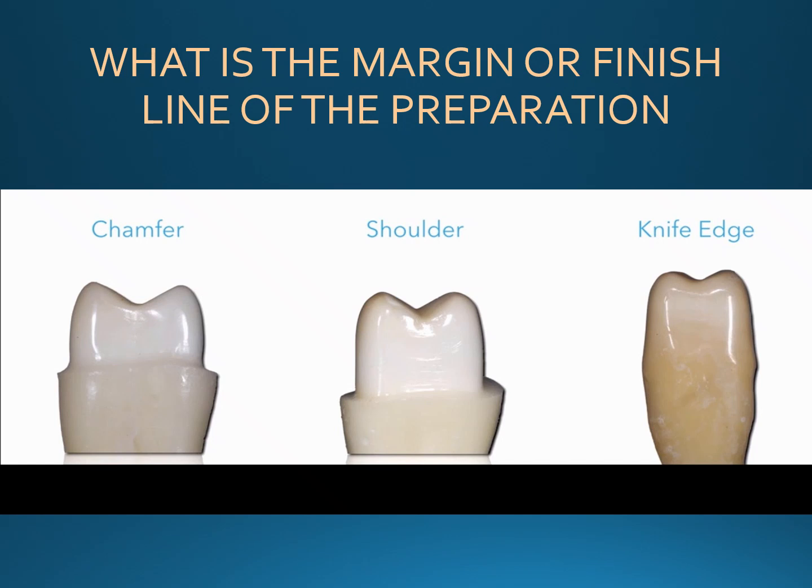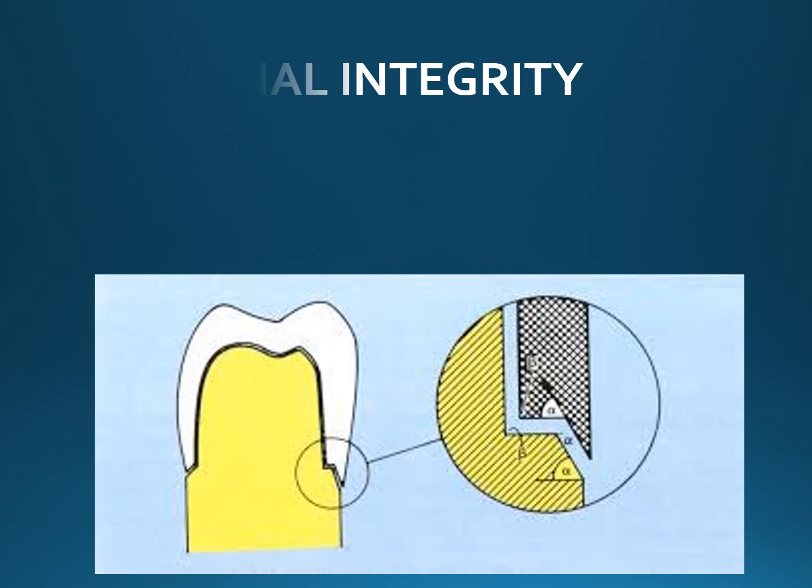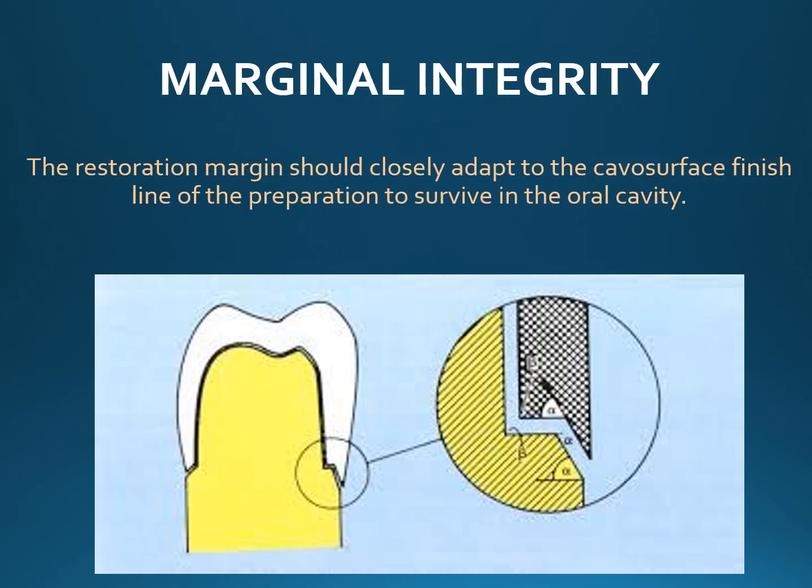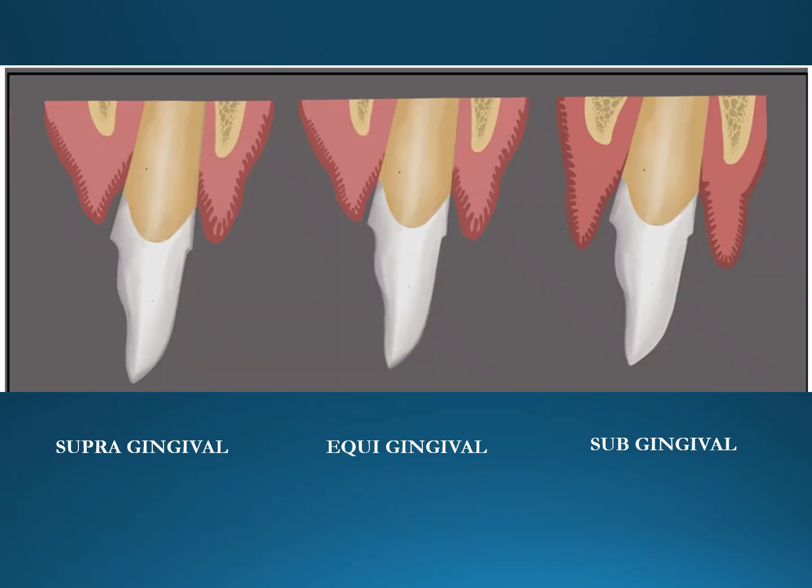So the margins of the restoration are well defined according to the type of the prosthesis. Briefly, there are three types of margins: the shoulder, the chamfer, and the knife edge. Marginal integrity refers to how closely the prosthesis adapts to this margin, so that it can survive the bacterial and fluid challenge inside the oral cavity.